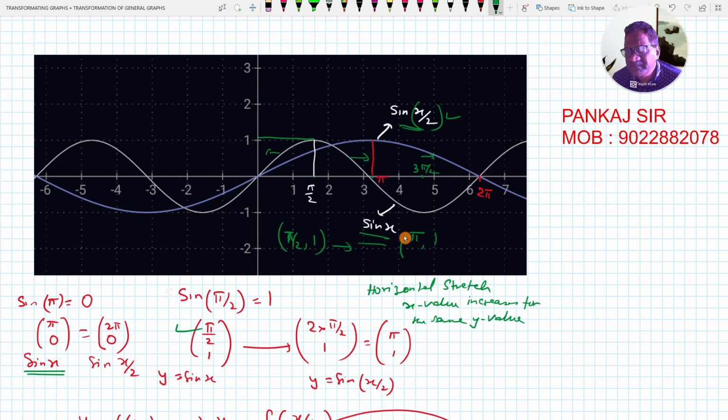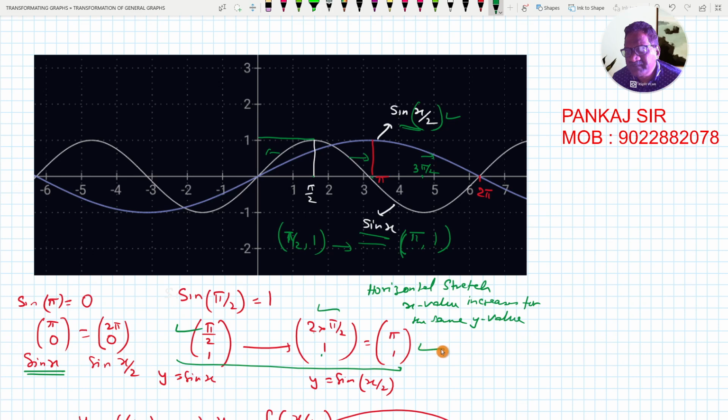So it will be like this. So (pi/2, 1) will be shifting to (pi, 1). Can you see here? (pi/2, 1) will be shifting to (pi, 1). You can see that transformation taking place, right? Such a transformation, where x has been divided by some positive value k, is a horizontal stretch.